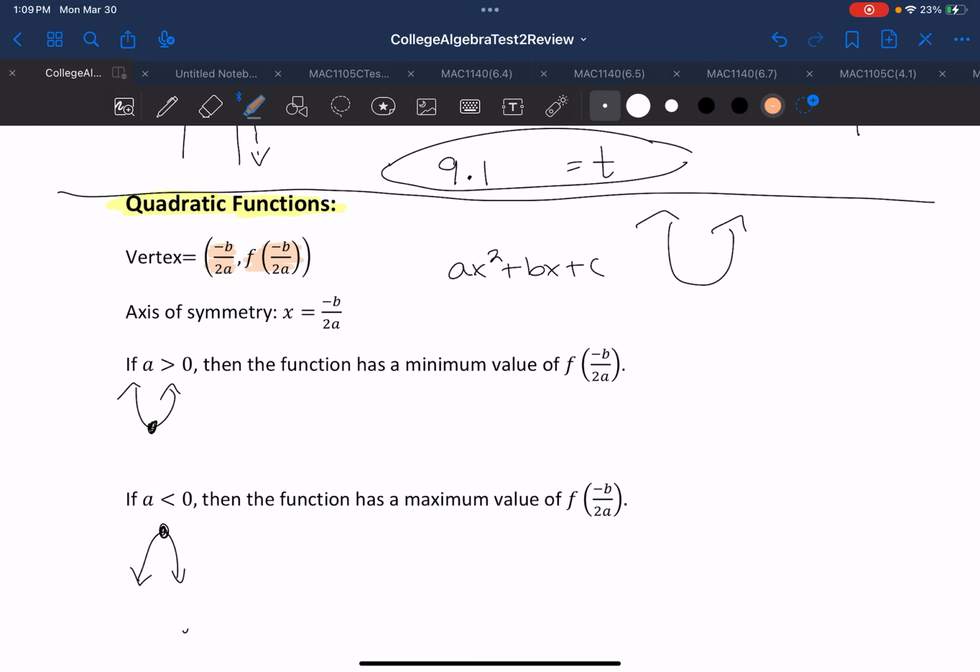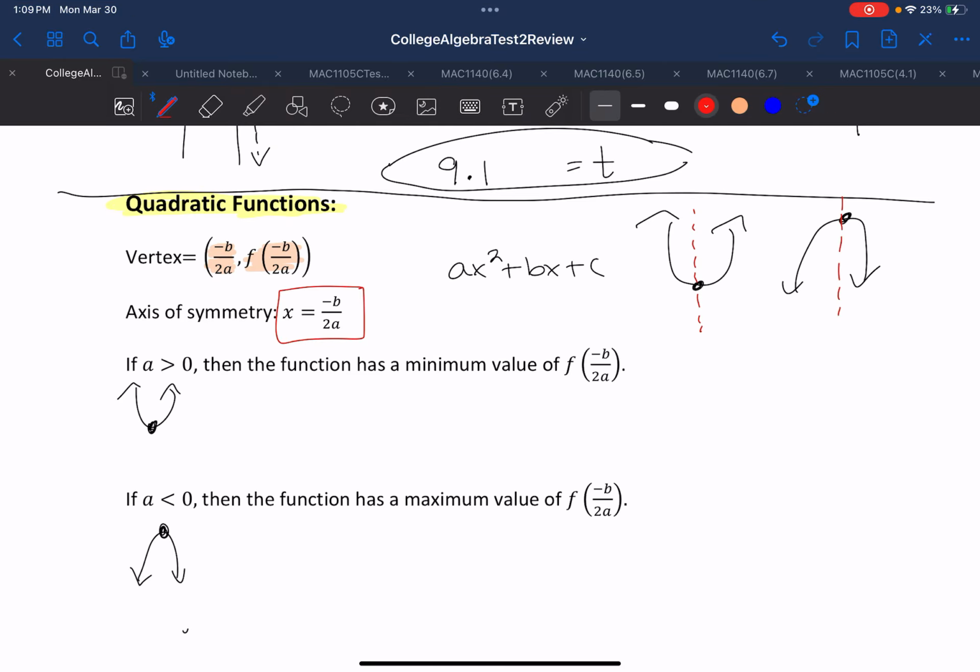And a vertex of a parabola could either be a maximum or a minimum value. So if it's opening up, it has a minimum value, and if it's opening down, it has a max value. And the axis of symmetry was that vertical line that goes directly down the middle of the parabola. So that was always equal to the x-coordinate of the vertex. So x equals negative b over 2a.